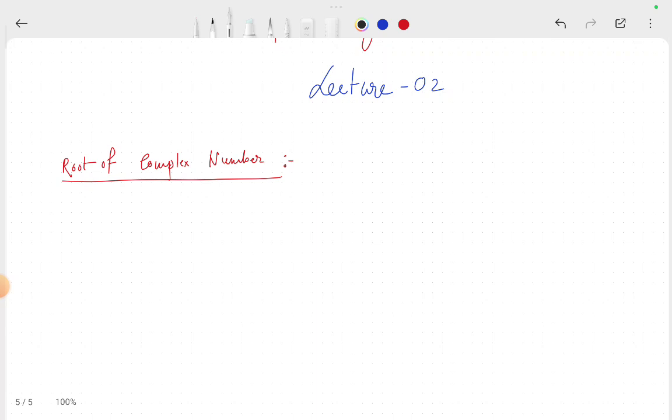Let w be a complex number. A complex number can be written as x plus iy, that is, w equals z. So this is a complex number. You already know; let us consider that this complex number has an nth root.